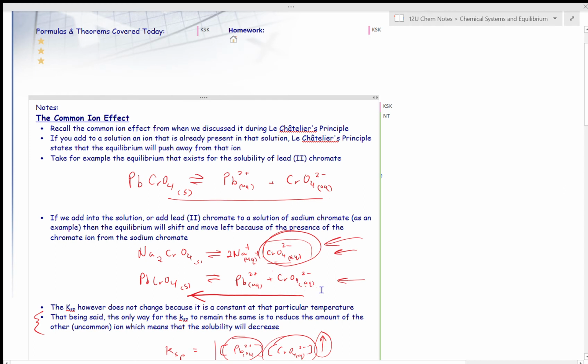And if I add a product to a system that's at equilibrium, it will push the equilibrium to the left and cause precipitation to happen, producing more of this solid lead chromate product here.